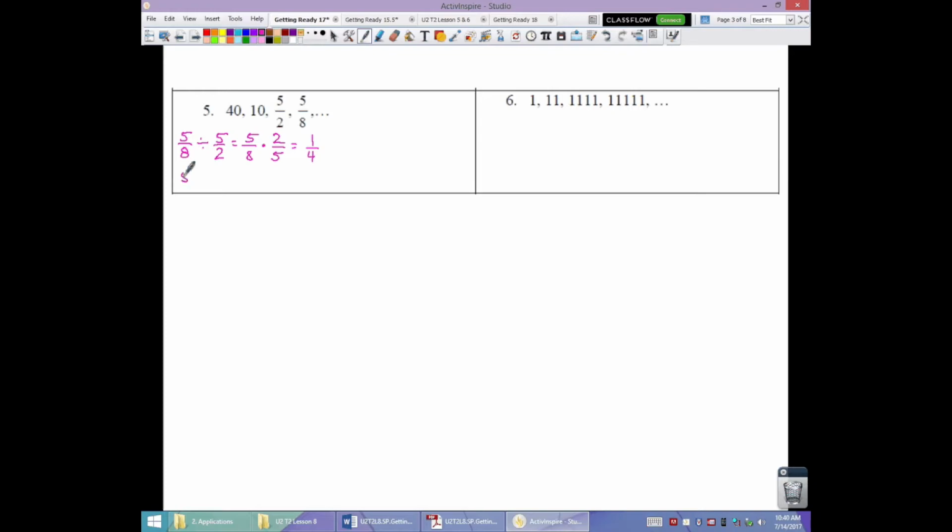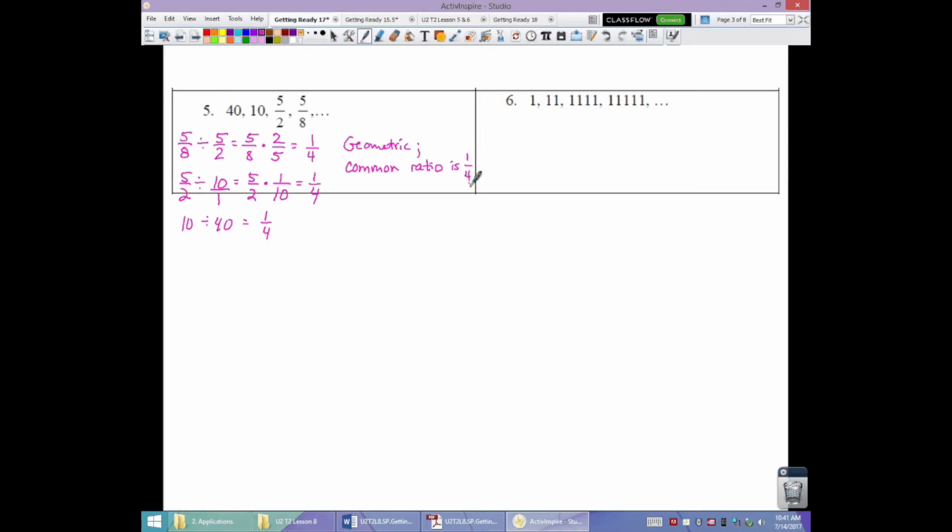If we try that again, 5 halves divided by 10, that would become 5 halves times, now since this was 10 over 1, the reciprocal is 1/10. So that's 5 over 20, again, 1/4. And 10 divided by 40 is, once again, 1/4. So we do have here a geometric sequence. And we know that because it has a common ratio of 1/4.